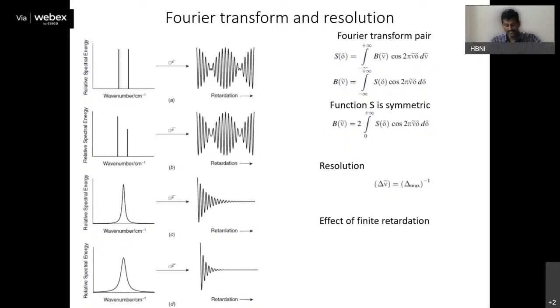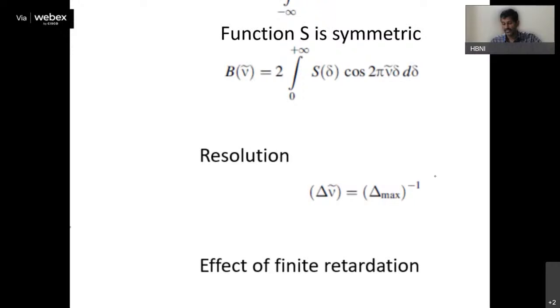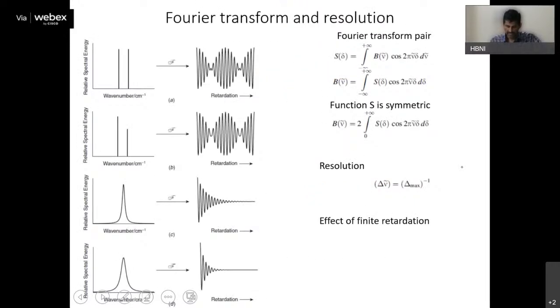So this retardation, if you take approximately this retardation to determine this incoming light, turns out to be 1 upon delta max, and this decides the resolution of the system.